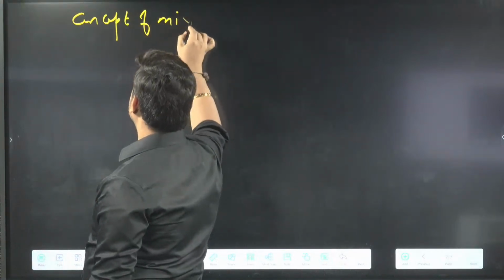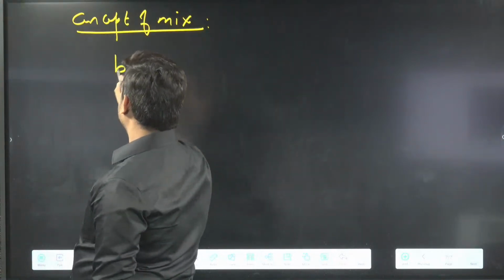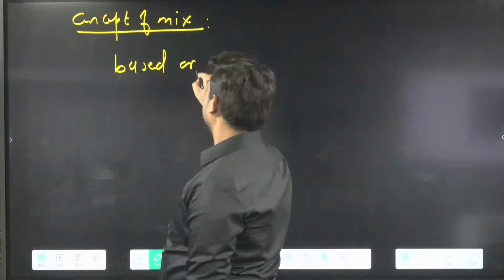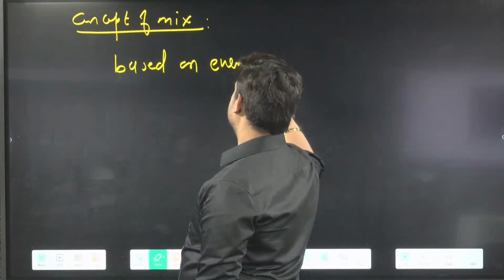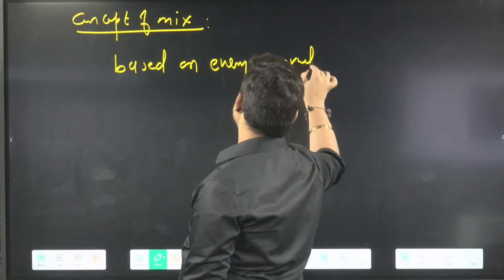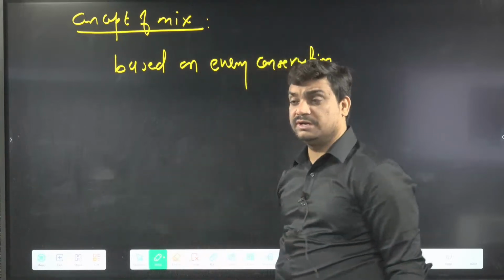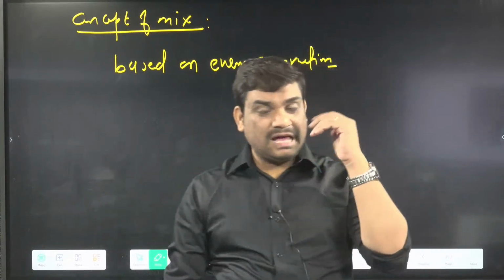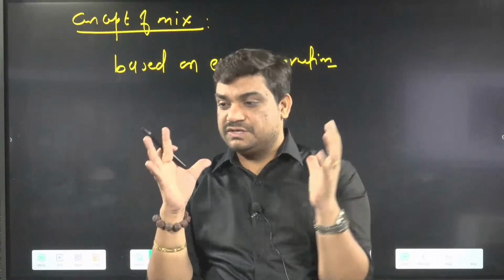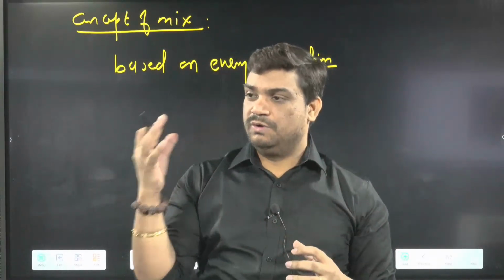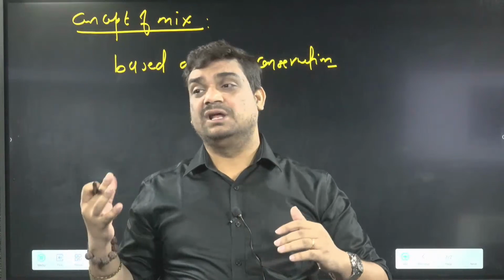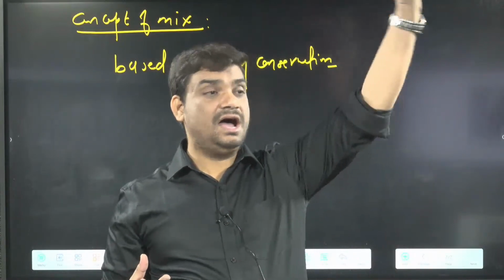Concept of mixture, based on energy conservation. What will happen in the mixture? We are going to mix one substance which will be at a low temperature and one at a high temperature.